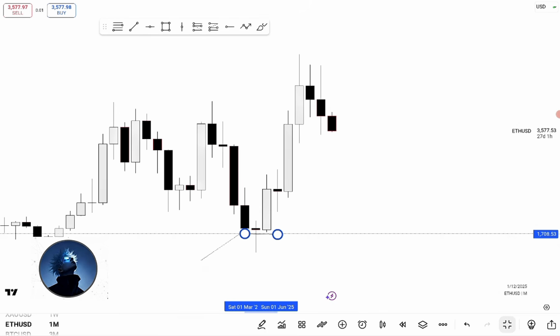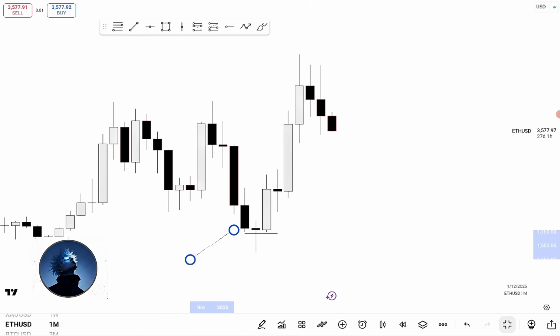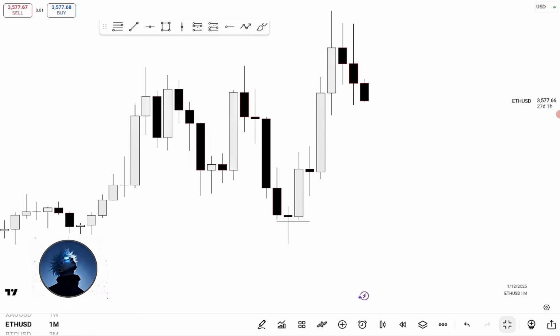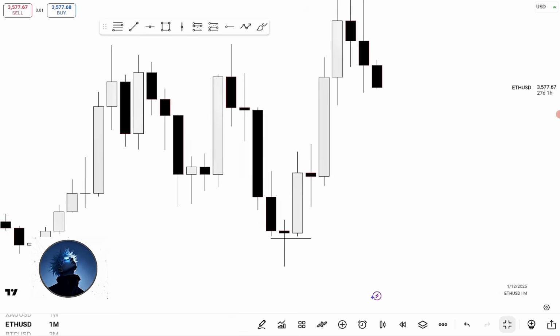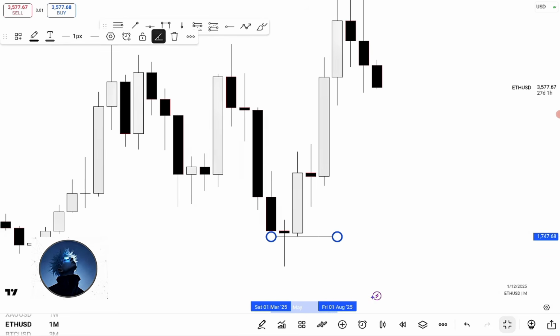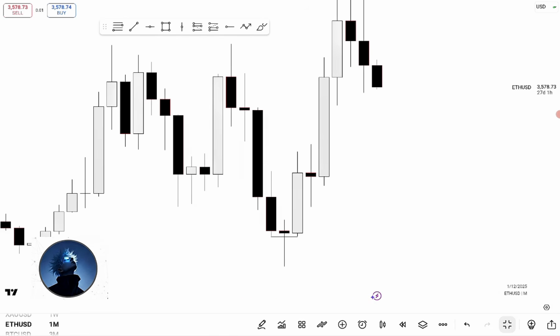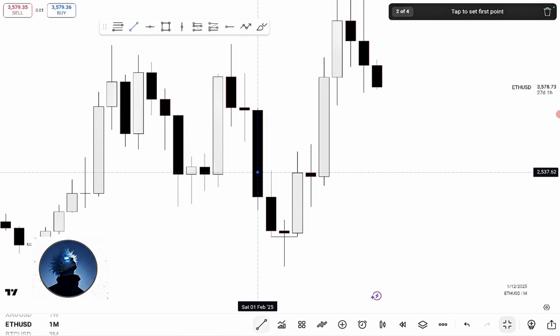And candle A made a low right there and closed right above it. So the lows and the highs are your guide. The lows and the highs are what? Your guide. So this is the low of candle A precisely. Yeah, so that's the low of candle A, and that's the high of candle A.